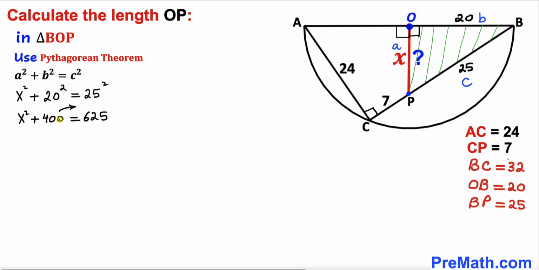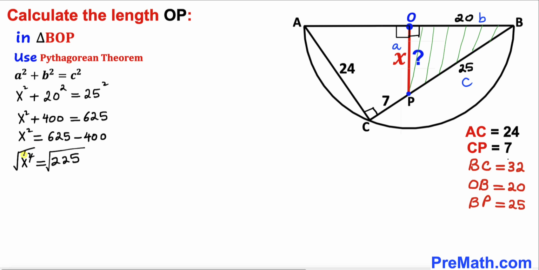Let's move this 400 to the other side. So x squared equals 625 minus 400. So x squared turns out to be 225.